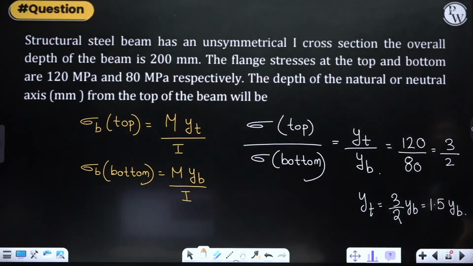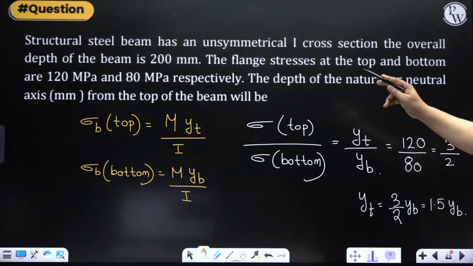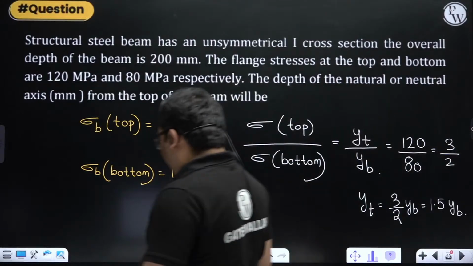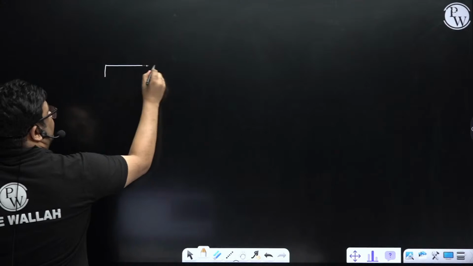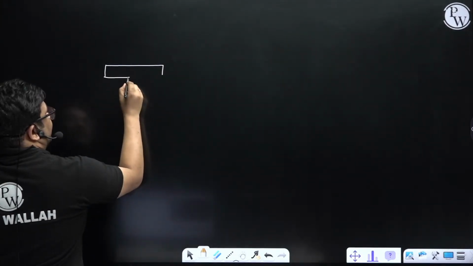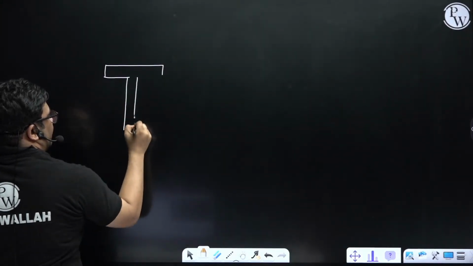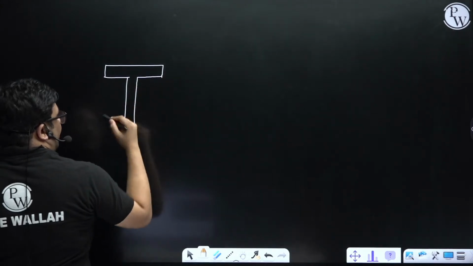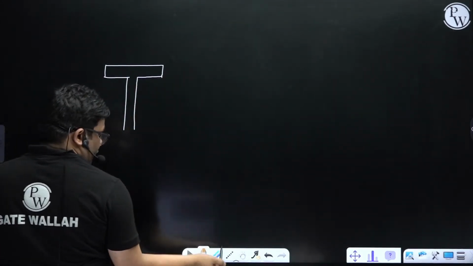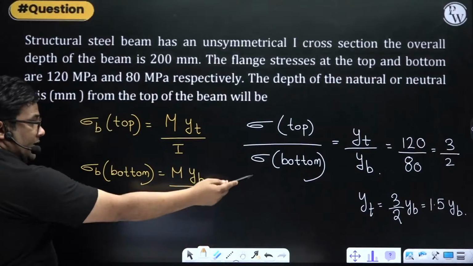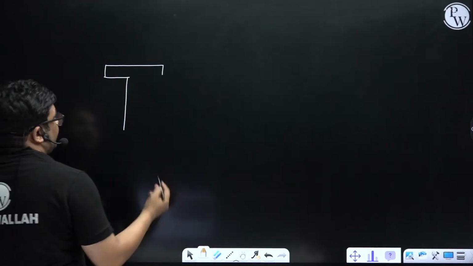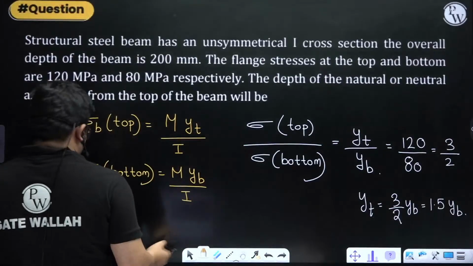Now see, the total depth of the beam is given as 200, right? So it is something like this, you see. It's an unsymmetrical I section, but at top it is more. So y top is actually more here, right? You can see that y top is coming more. So something like this.